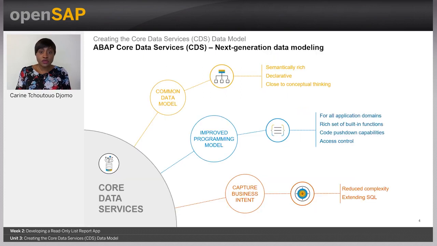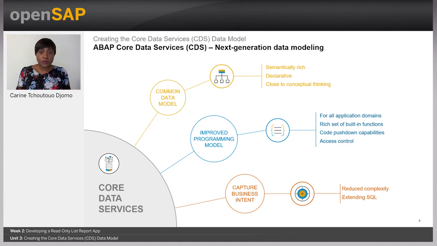As already introduced in week 1, CDS is the next generation data modeling infrastructure on the ABAP platform. It provides a declarative approach for defining domain-specific semantically rich data models close to conceptual thinking, making the data models easier to define, understand, and query.